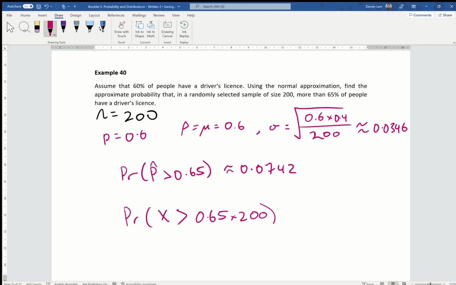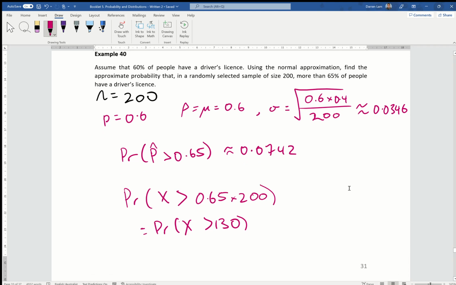We want that number to be greater than 65%, which we know to be, if we put in the calculator, the probability of x being greater than 130. In this case, our standard deviation is going to be slightly different, and we end up with a very similar answer of 0.074 as well.